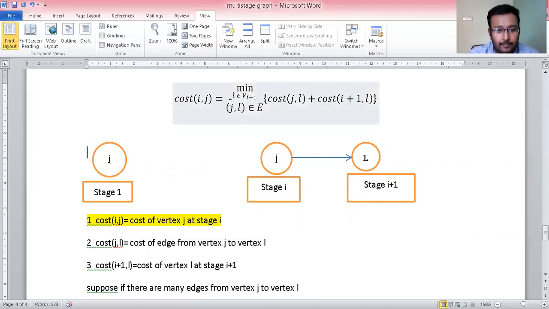Next, you should find out a vertex L that belongs to the next stage.